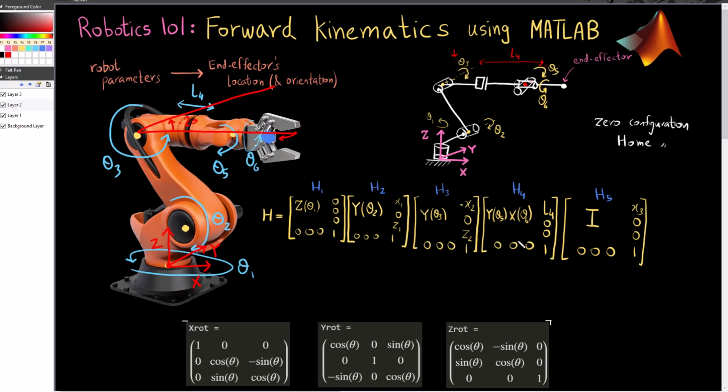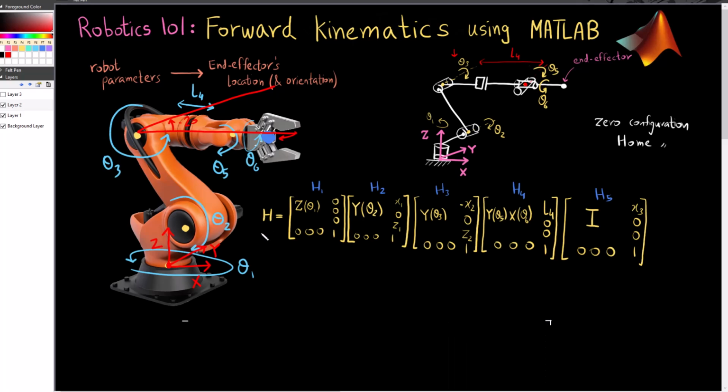Then whenever we want to know the forward kinematics of the robot at any particular robot parameters, we just replace the values of theta 1, theta 2, theta 3, a4, theta 5, theta 6. We input those values, and we get one homogeneous transform, which not only shows us the robot end-effector's location, but also its orientation.